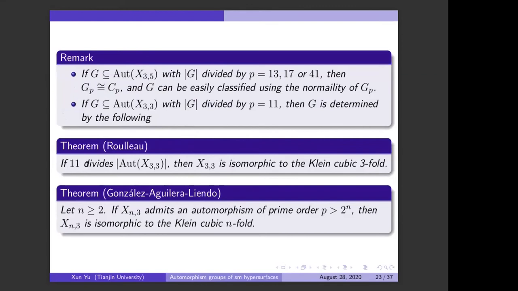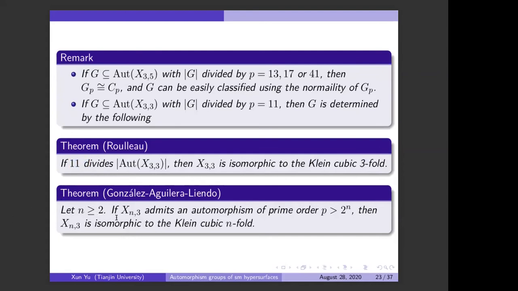If 11 divides the order of the automorphism group of a smooth cubic threefold X, then X must be isomorphic to the Klein cubic threefold. So we know the full automorphism group is PSL(2,11). If 11 is involved, then we don't need to worry.